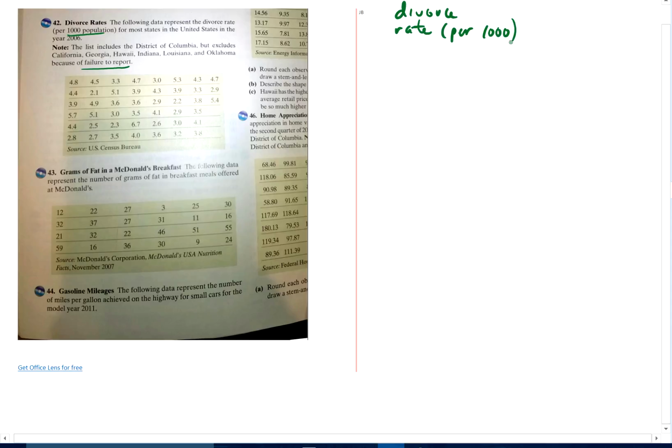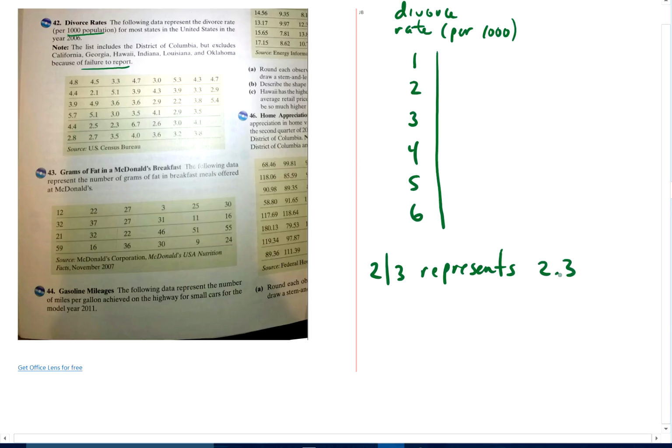And if I look at our data, it looks like it goes from a low of 2.1 up to, it's all single digits, so we can actually go 1, 2, 3, 4, 5, 6, and we're going to make note down here 2|3 represents 2.3.